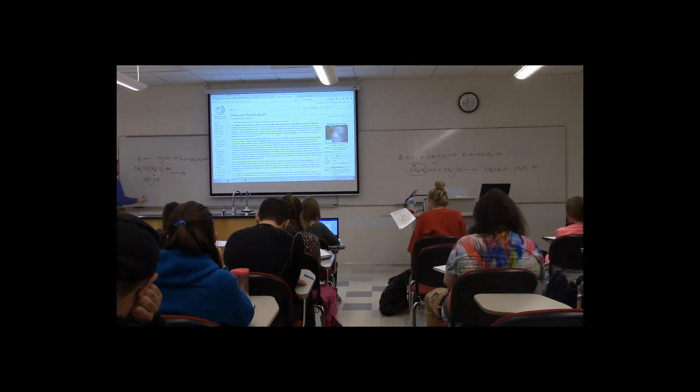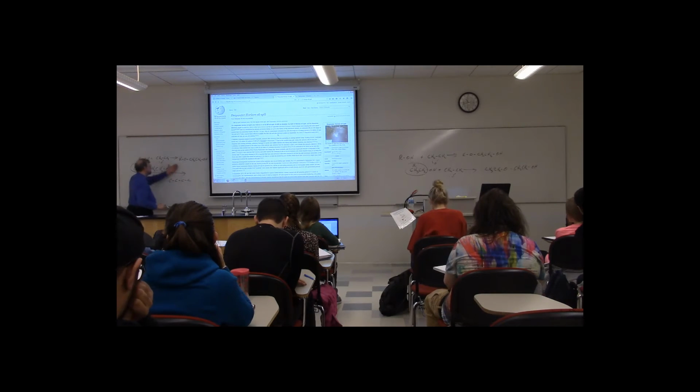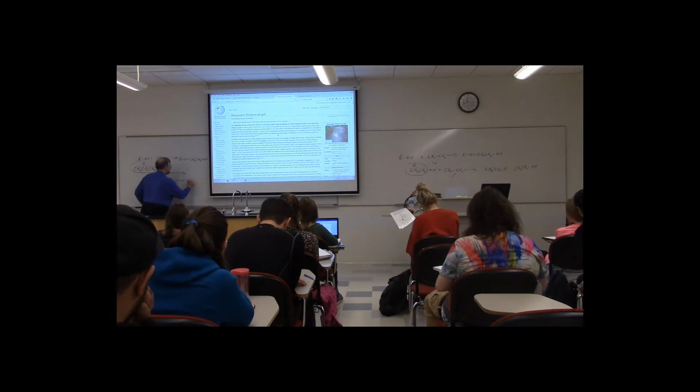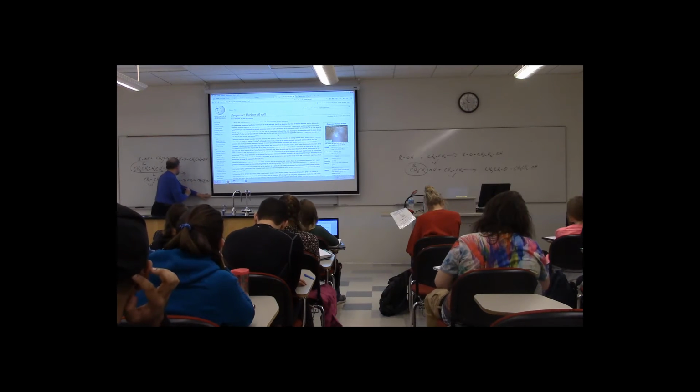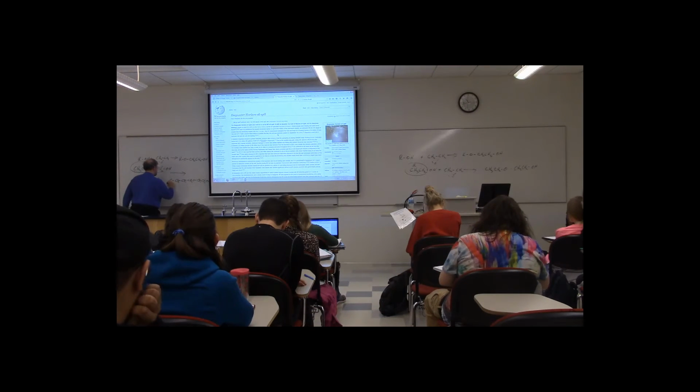A butyl group, 4 carbons. Therefore, what do I get? 4 carbons, oxygen, 2 carbons, and then hydroxyl group. And here's the molecule you get.